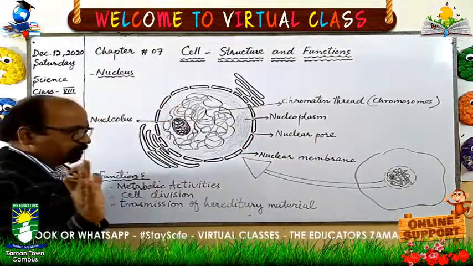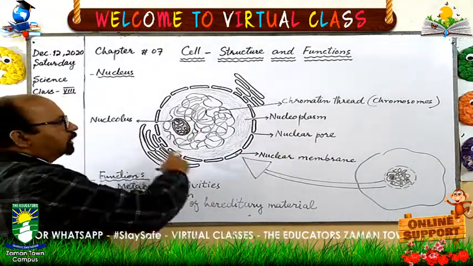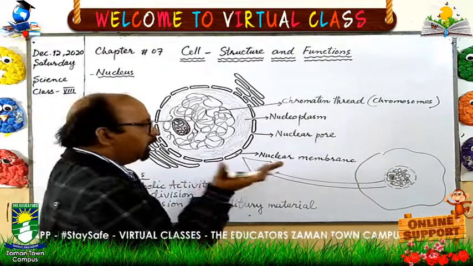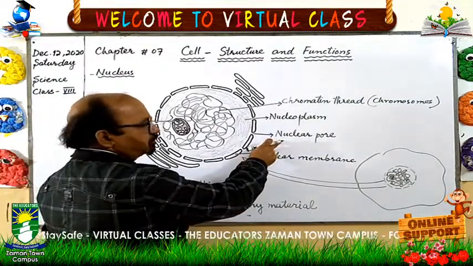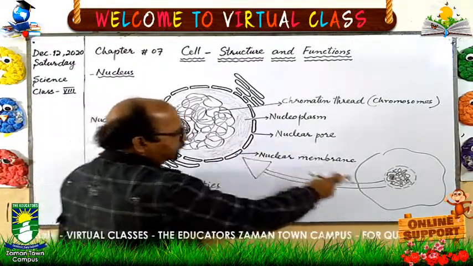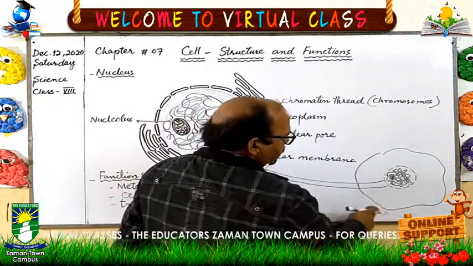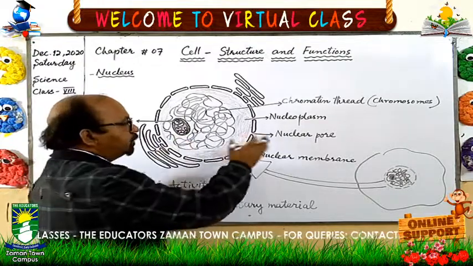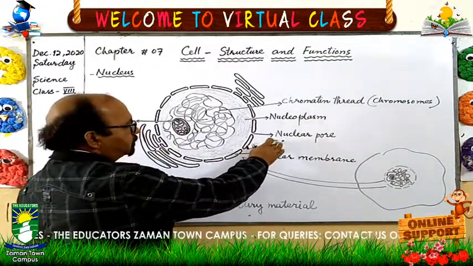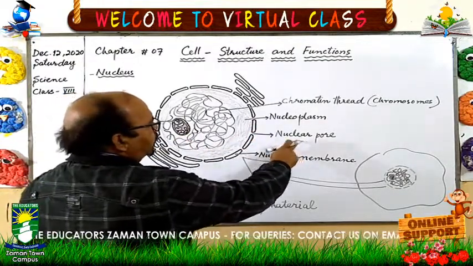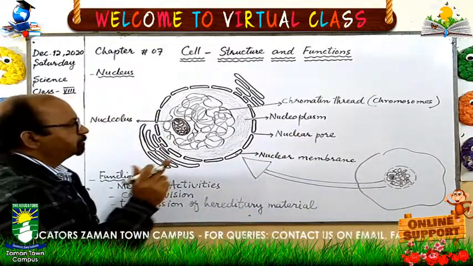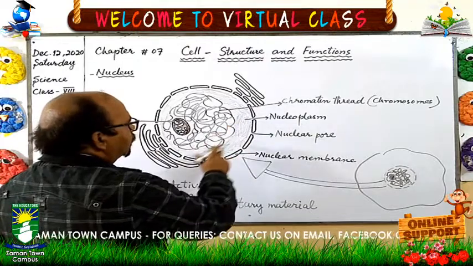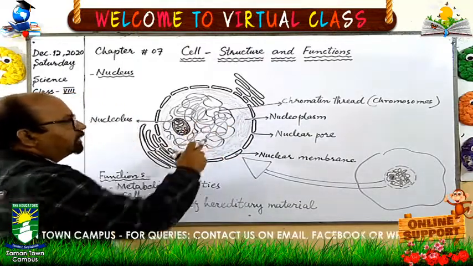These pores are present on the layer of the nucleus so that it may have contact with the cytoplasm, because it is present inside the cytoplasm of the cell. So nuclear pores are present there, and inside the nucleoplasm there is a set of chromosomes.